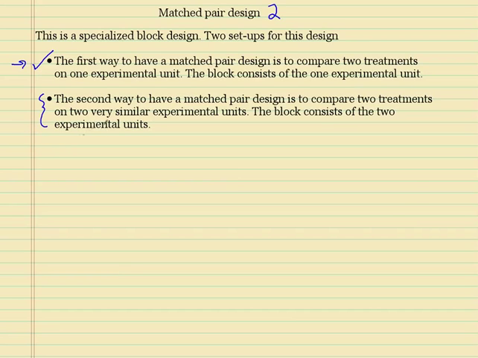The second way we can match pairs is compare two treatments on two very similar experimental units. Okay, so this might be, there was a problem before that talked about shampoo. We had a new and we had an old. Okay, so these are my factors.